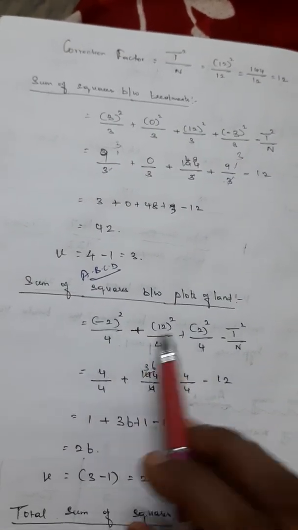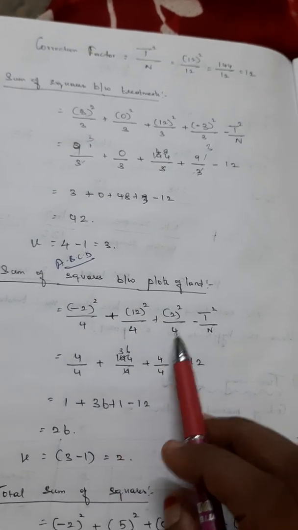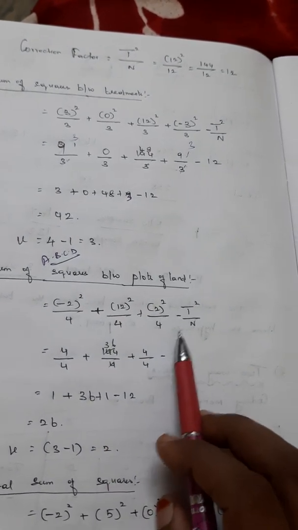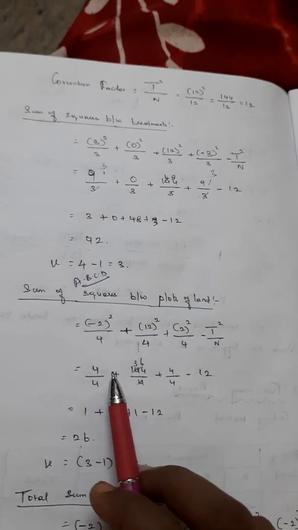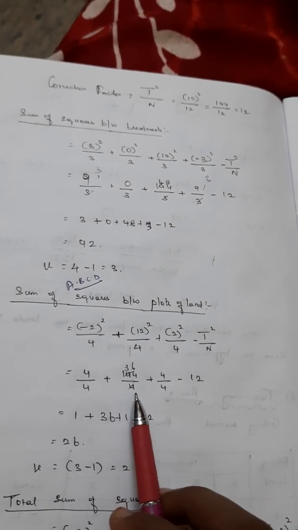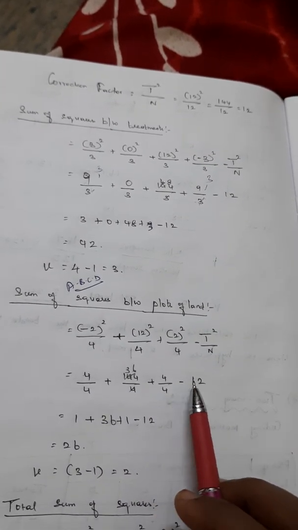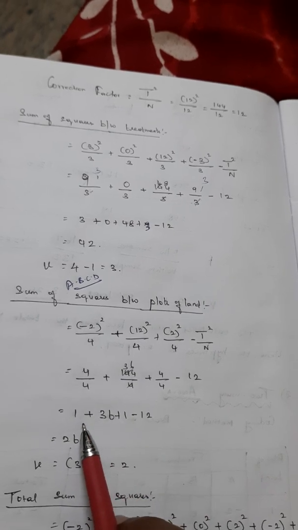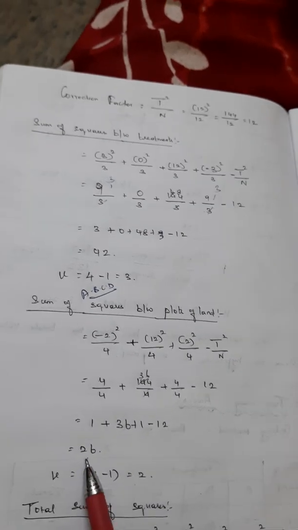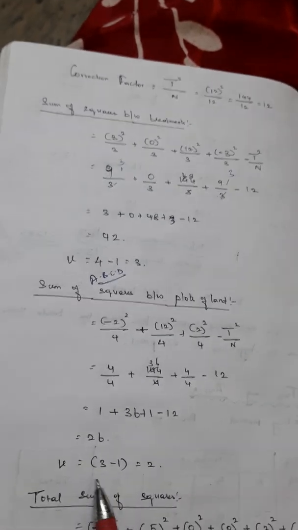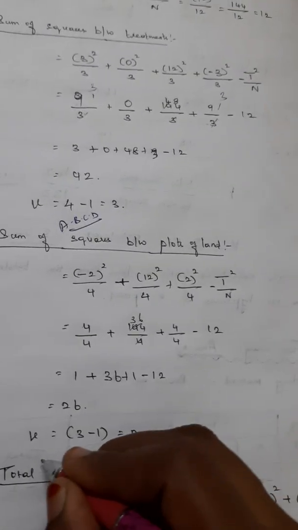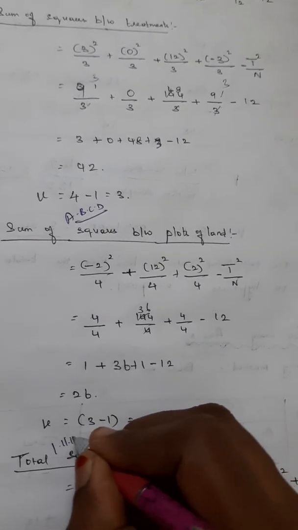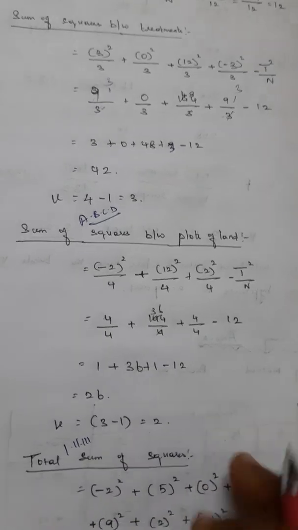So 2 squared by 4, 12 squared by 4, 2 squared by 4, minus the correction factor. That is 4 by 4, 144 by 4, 4 by 4, minus 12, giving 1, 36, 1, so 26 is the answer. The degree of freedom: we had 3 plots, so 3 minus 1 is 2.